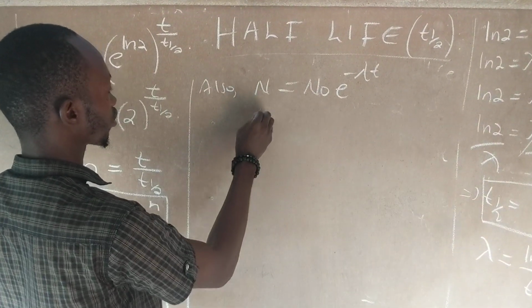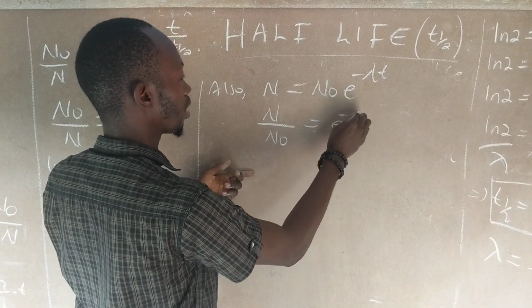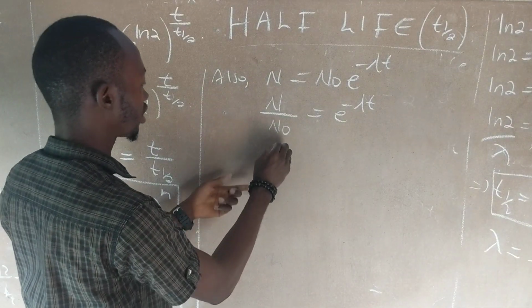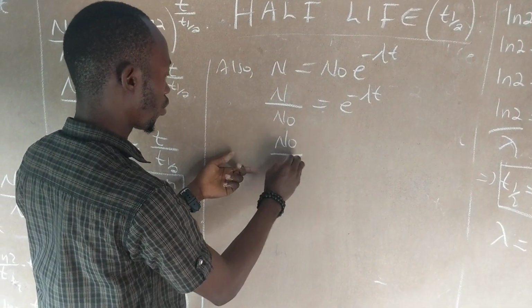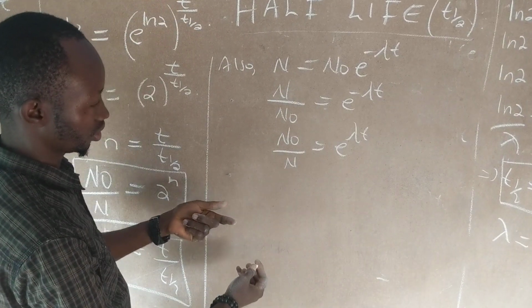If we make N the subject, N divided by N0 equals e to the power minus lambda t. If we interchange, we have N0 over N equals e to the power lambda t.